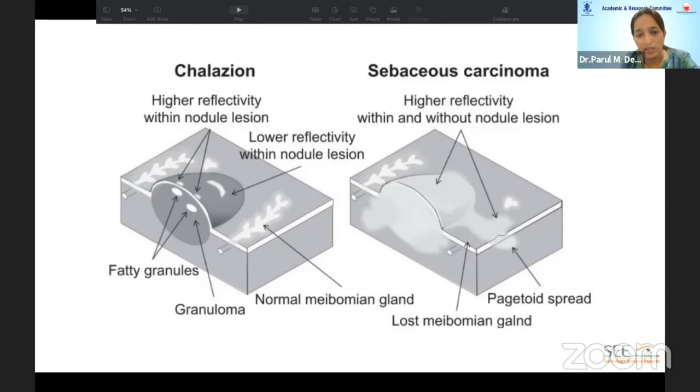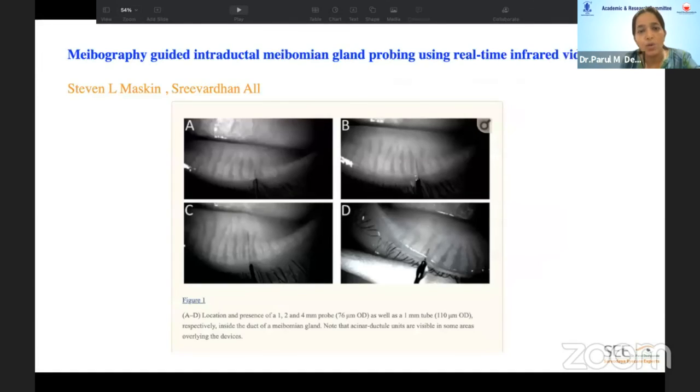Whereas in sebaceous carcinoma, you will see a poorly defined hyper-reflective area, which may or may not have nodular regions in the glands. It's also been used on a therapeutic basis. Stephen Maskin has been using this technology for the probing of the meibomian glands to open up the glands which are blocked and are not patent.